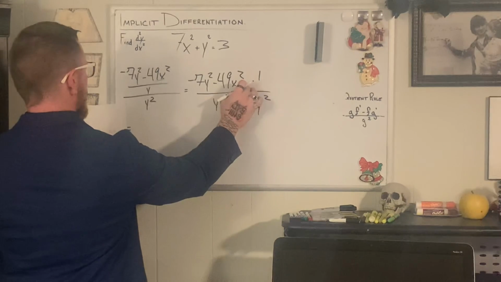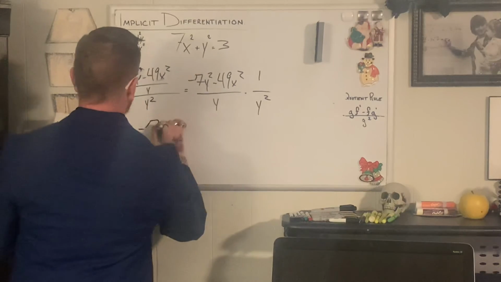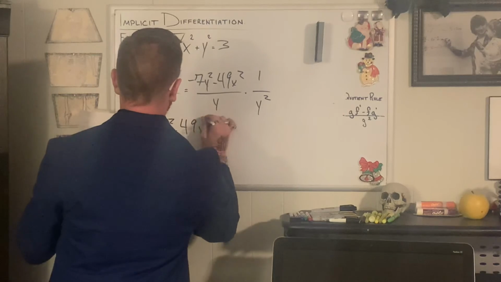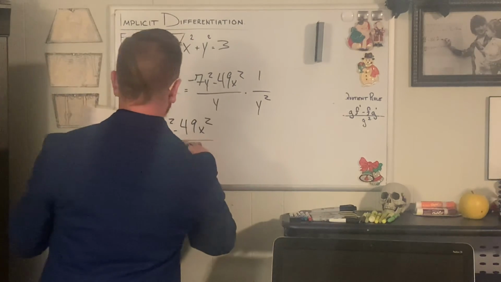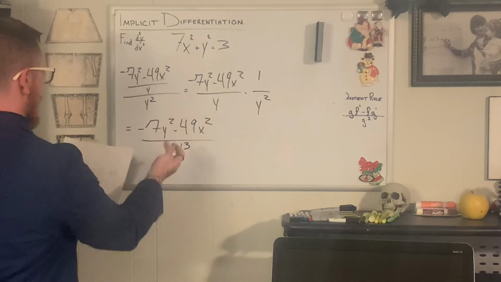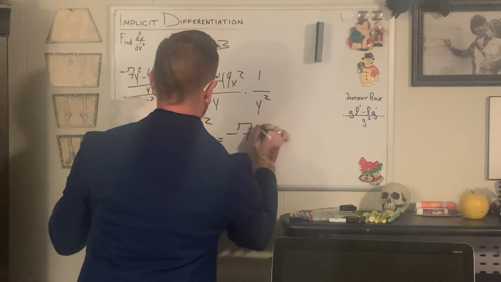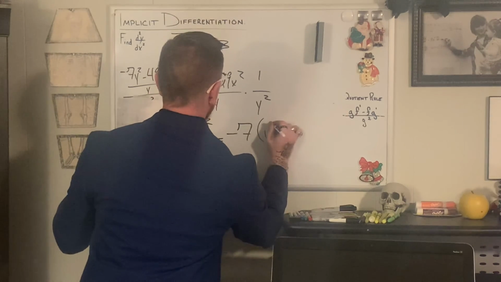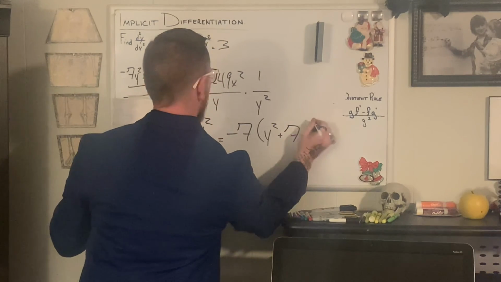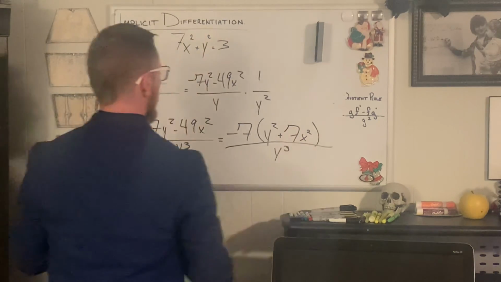The numerator is just minus 7y squared minus 49x squared. We could factor out a negative 7 from the top, which will give us our answer of minus 7 times the quantity y squared plus 7x squared, all divided by y cubed.